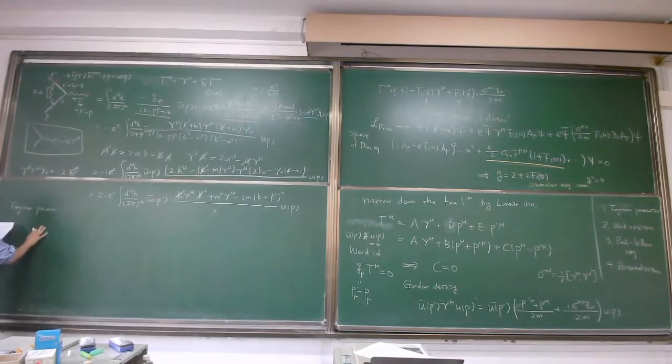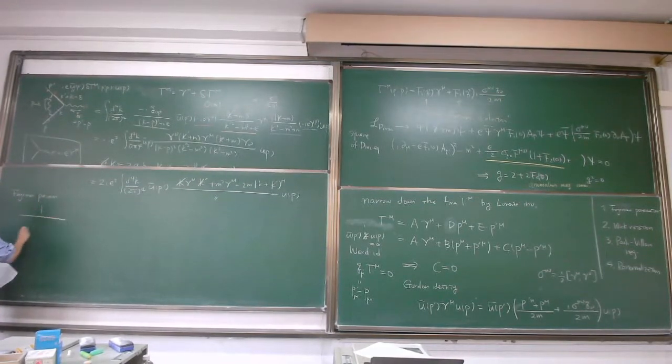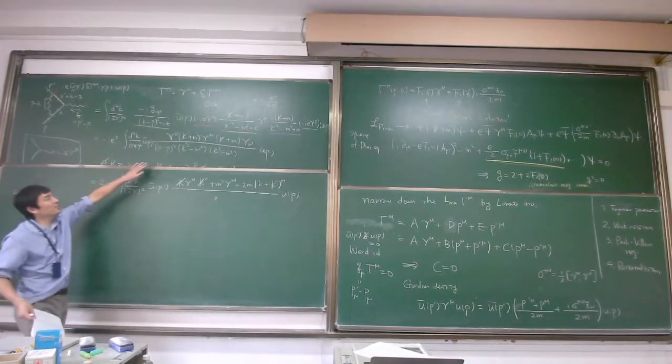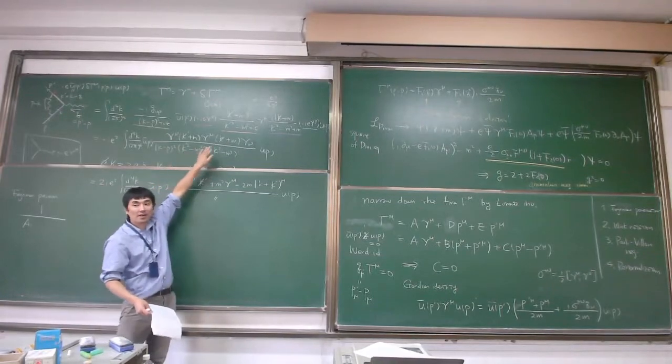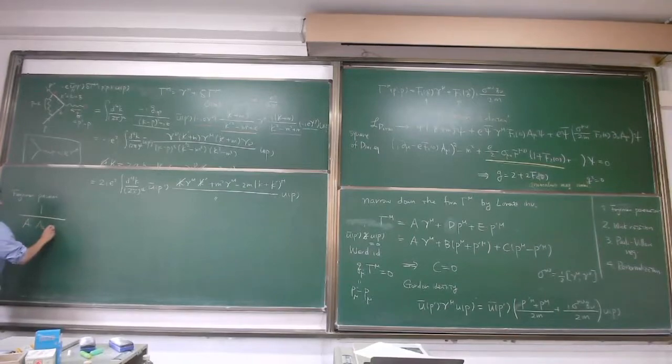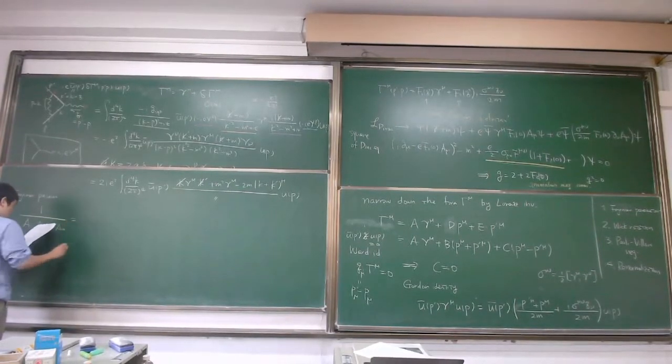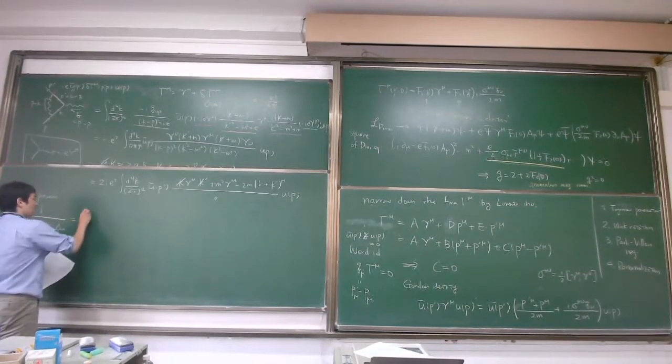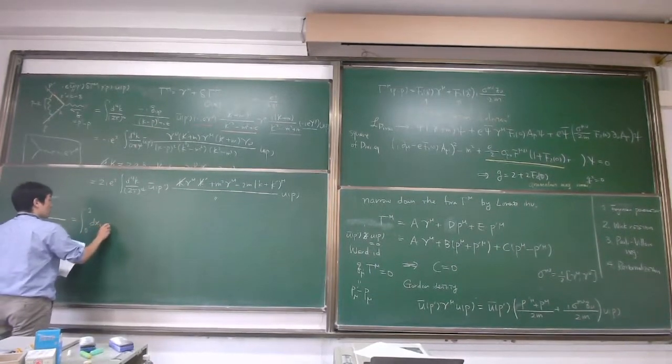If you do this kind of loop integral, you always have the propagator in the denominator. So you always have this kind of factor. And the integration range is 0 to 1, you can show.